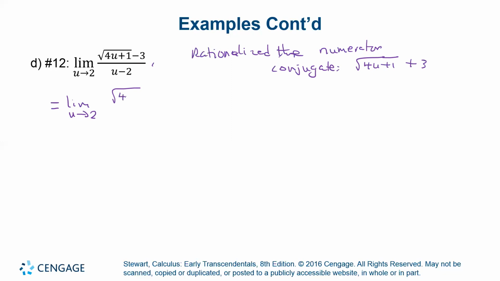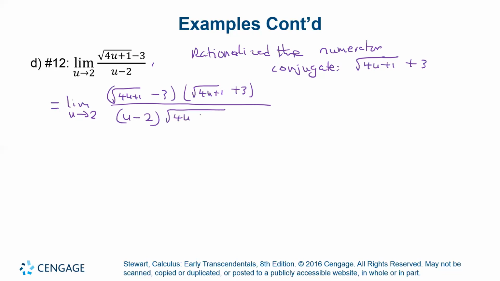So we have 4u plus 1 minus 3, multiplied by the square root of 4u plus 1, plus 3, all divided by u minus 2 times the same thing, the square root of 4u plus 1, plus 3.